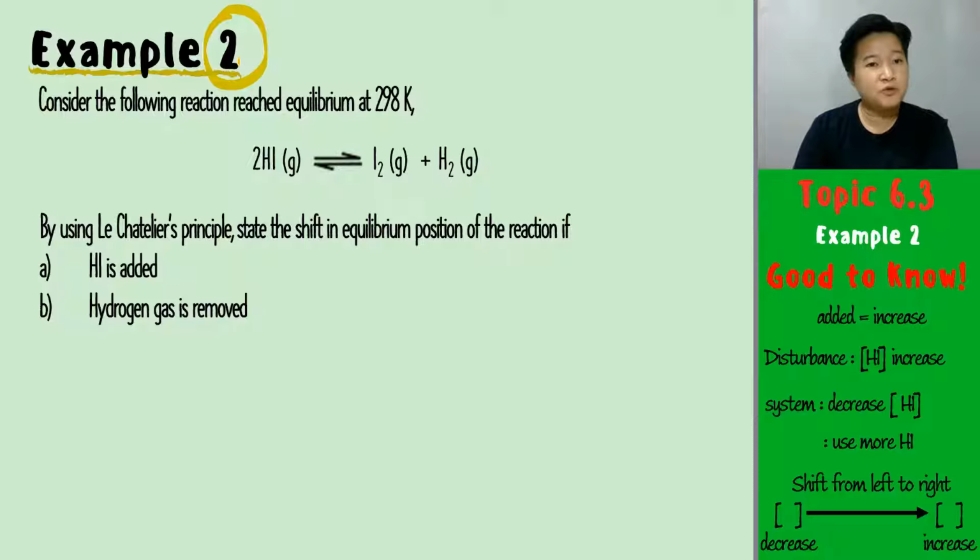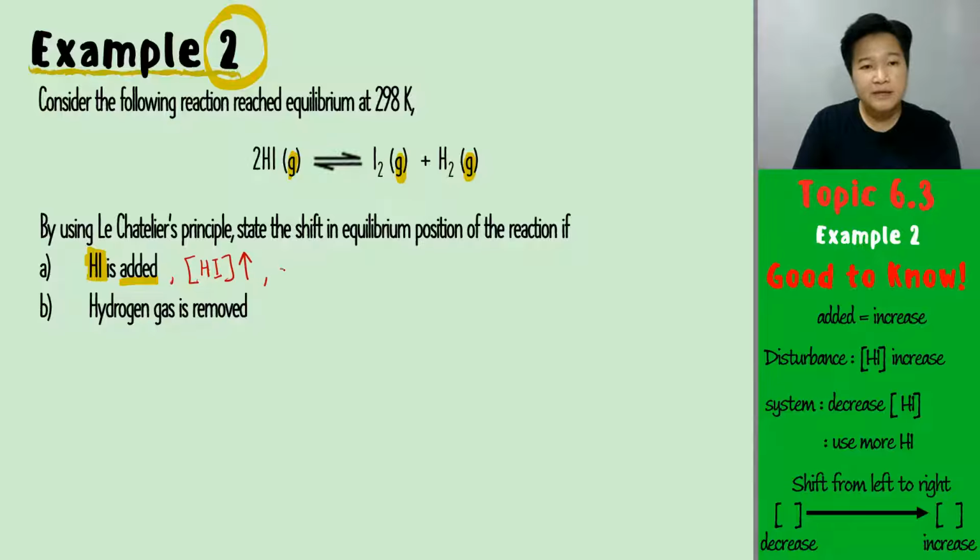You have your example 2 over here, talking about your HI gas, your I2 gas, and your H2 gas. So everything will be involved. By using the Le Chatelier principle, state the shift in the equilibrium position of the reaction if HI is added in. So HI is added means the concentration of HI right now increases.